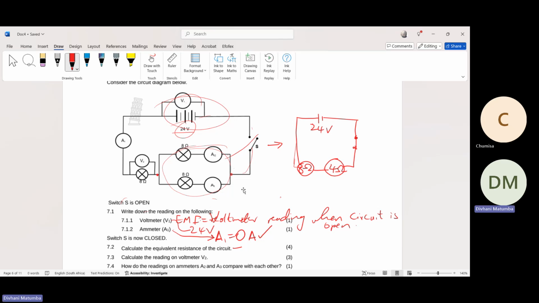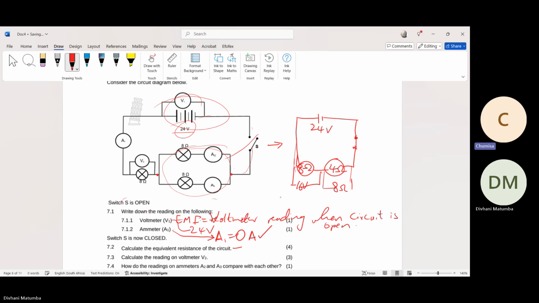If we had a total of 24 and 16 volts was used by the 8 ohm resistor, how much is left to be used by this one? 8, sir. It is 8. How did you get it?